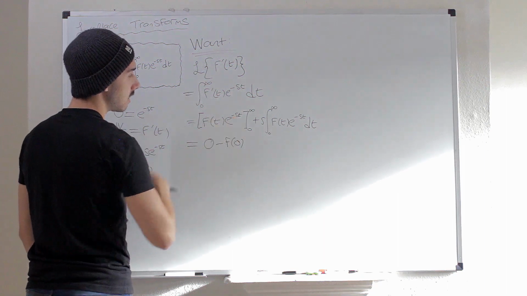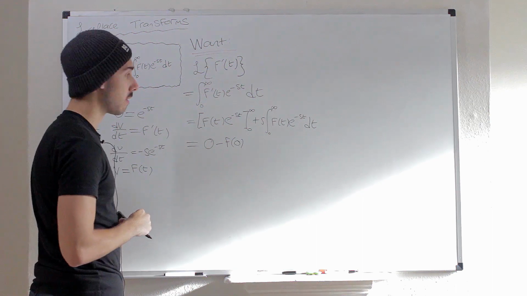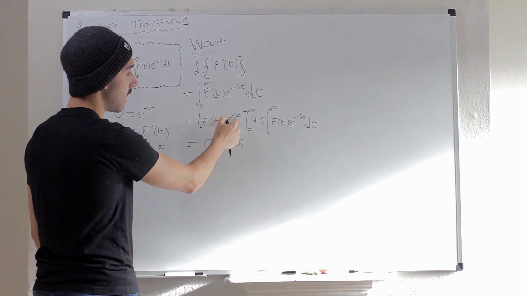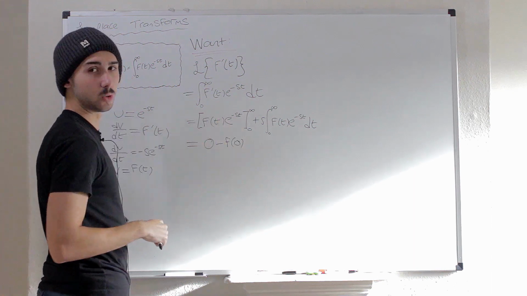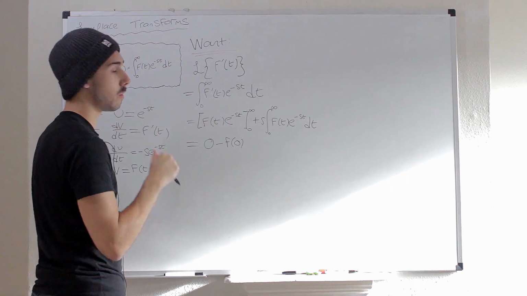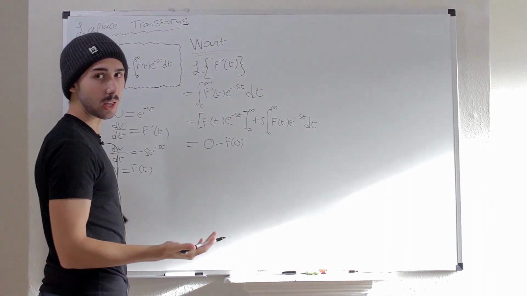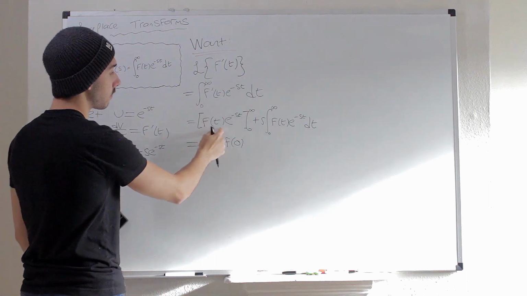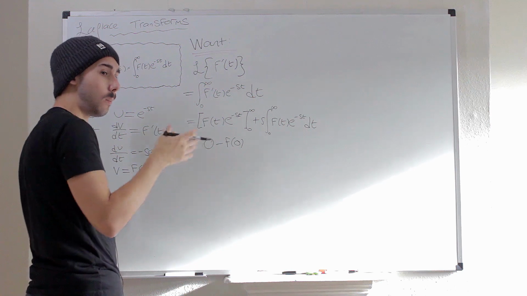First of all, s needs to be greater than 0, because if it was negative, negative s would be positive, and e to the positive infinity is not going to go to 0. So s needs to be positive so that minus s is negative, and so we can say that's 0. Equally, f of t needs to be of exponential order or below.